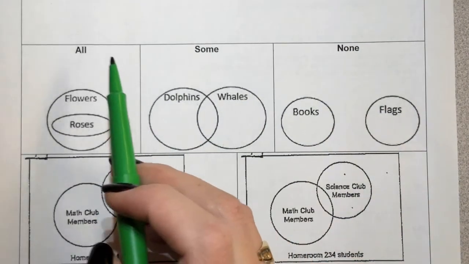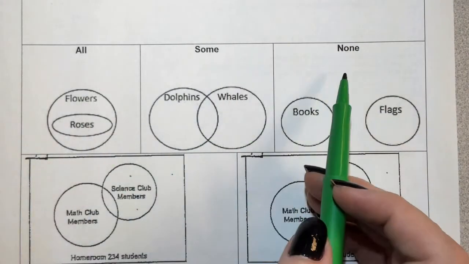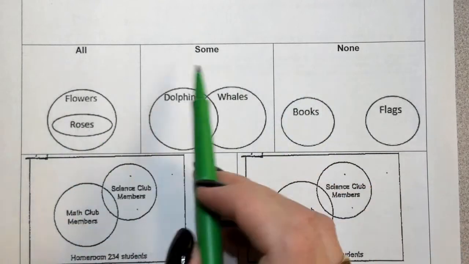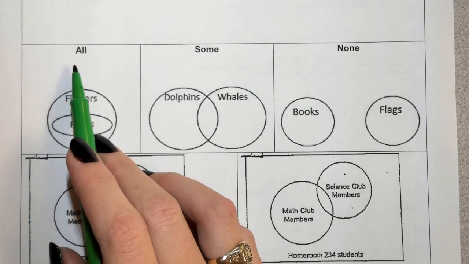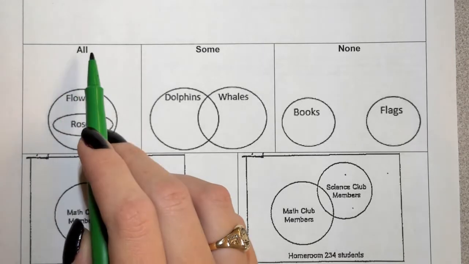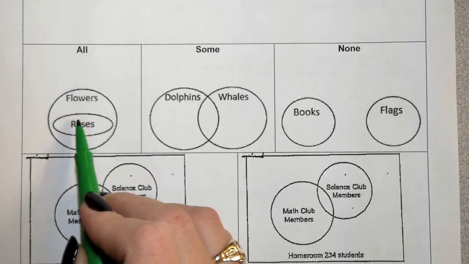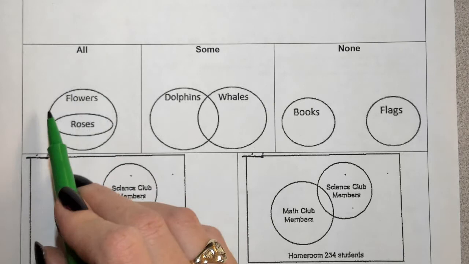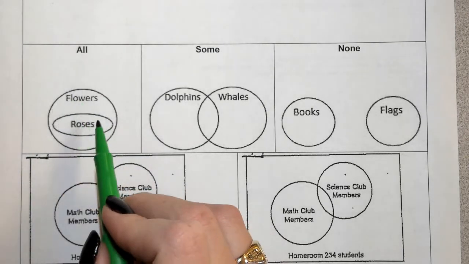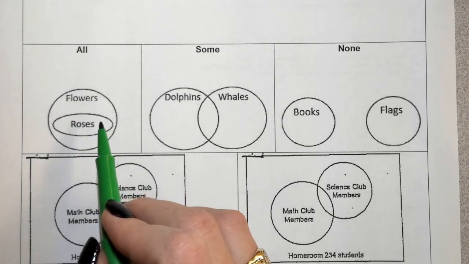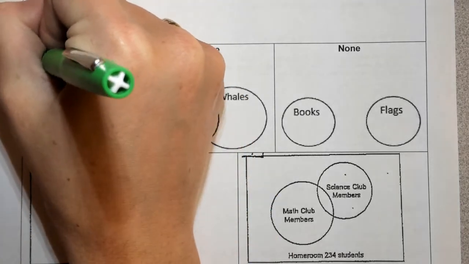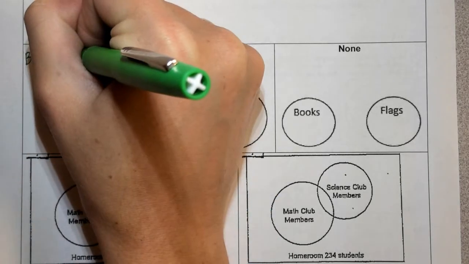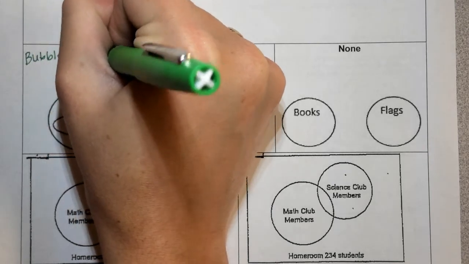So in geometry class, the three main relationships we use with Venn diagrams are all, some, or none. So first of all, all is when you have one bubble that is completely inside of another bubble. So all of this bubble is inside of the bigger one.